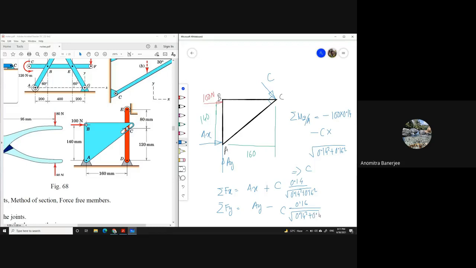Sir, the length of AC should be 0.12 square plus 0.16 square. Why 0.12 square? Because C is not at the edge.